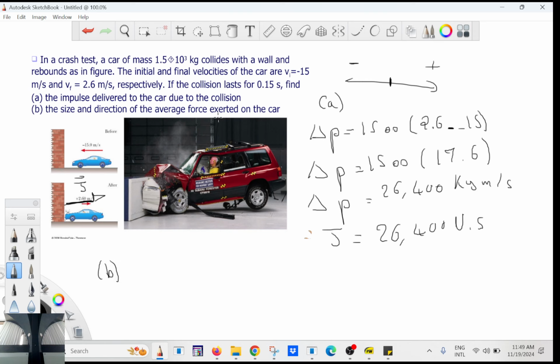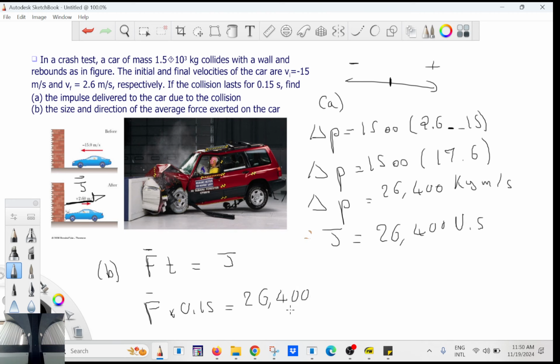So the average force times time equals impulse. The force, that's what we want. And you see that the smaller the time, the worse it gets.